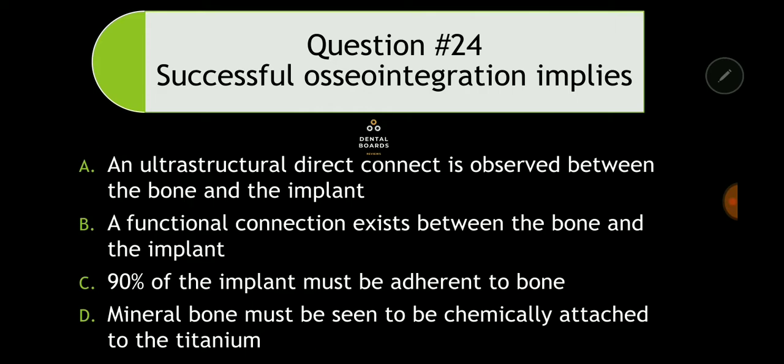C, 90% of the implants must be adherent to bone? D, mineral bone must be seen to be chemically attached to the titanium. If you say B, you are correct. Remember, as we discussed in the previous series, review series number 3, that there is no ultrastructural connection. That's why A is wrong.